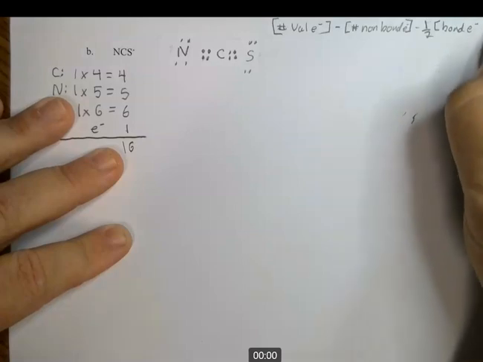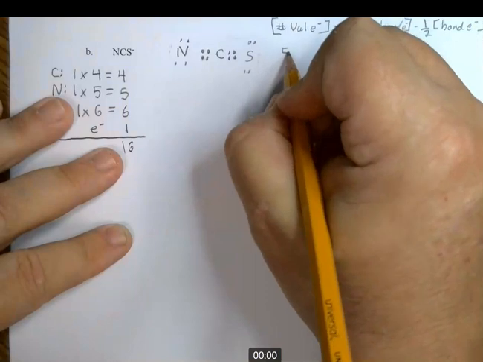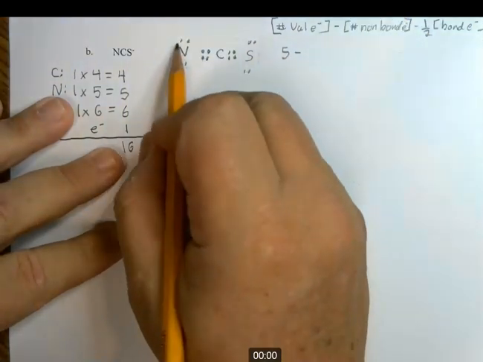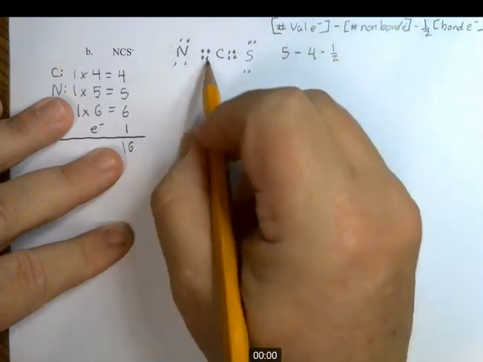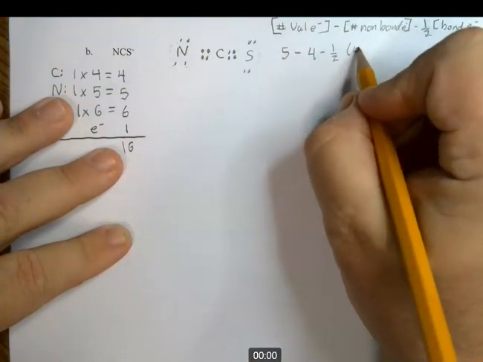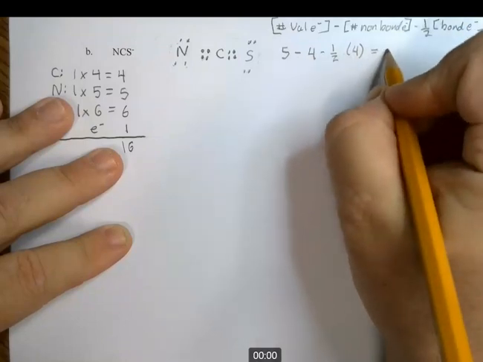Okay, and so we'll just follow those rules. All right, so here we go. Nitrogen is 5 minus 1, 2, 3, 4 minus 1/2 of 1, 2, 3, 4 is 2. 5 minus 4 minus 2 equals -1.